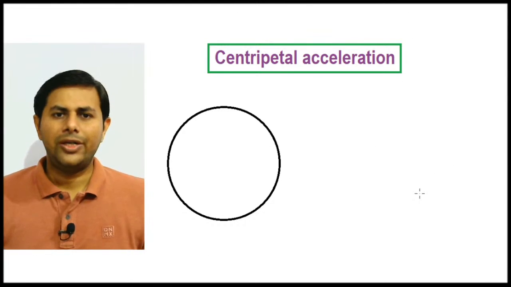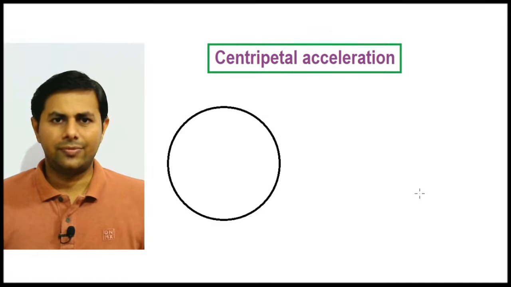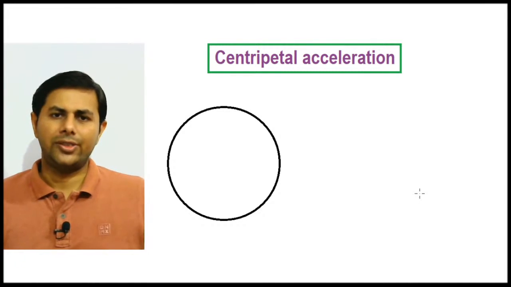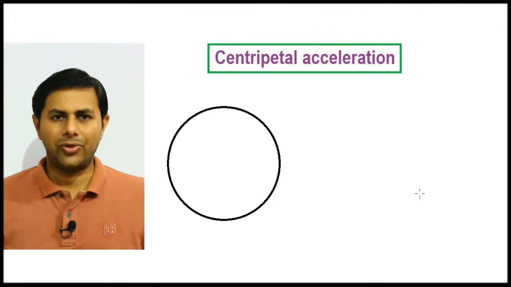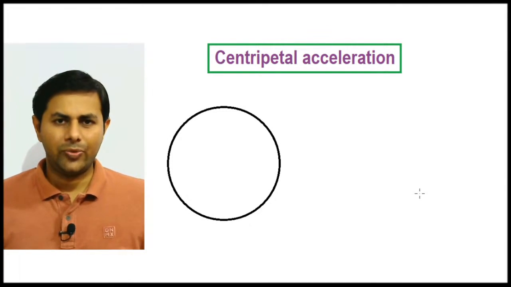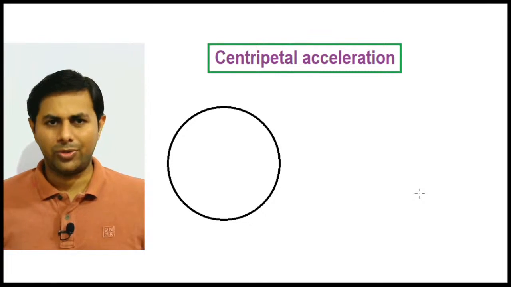Okay, now let's talk about the acceleration in circular motion. If object moves with constant speed along circumference of circle, then that circular motion is known as the uniform circular motion. And if the speed of object changes, then the circular motion is known as the non-uniform circular motion.